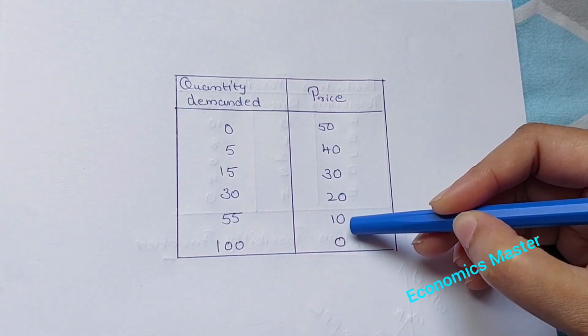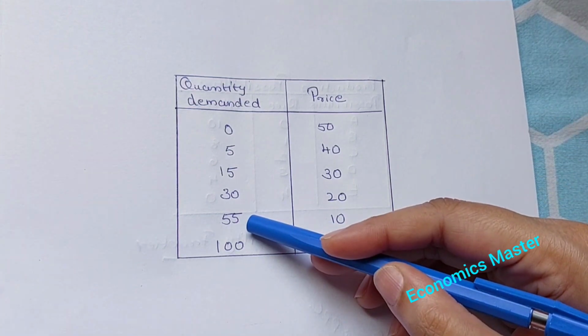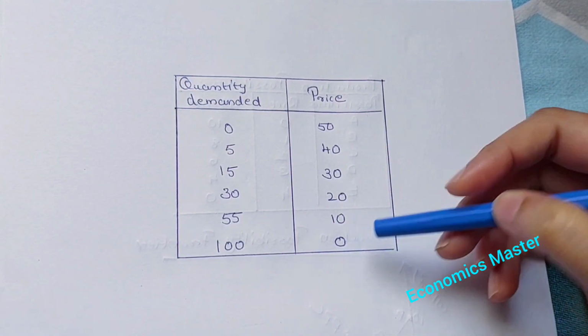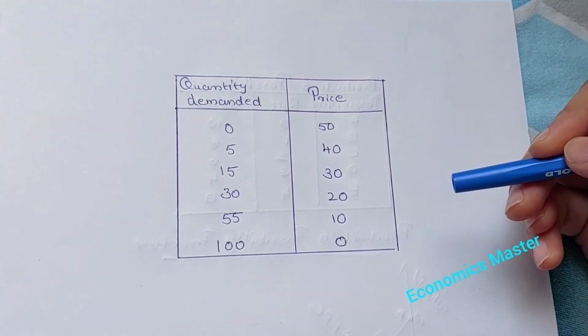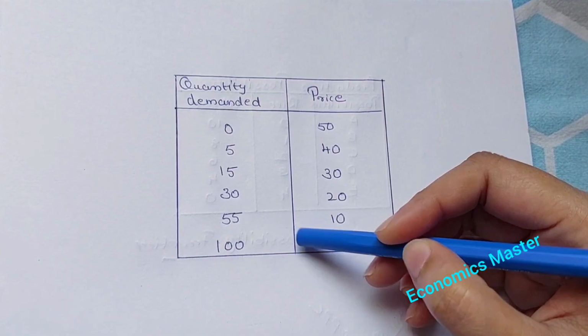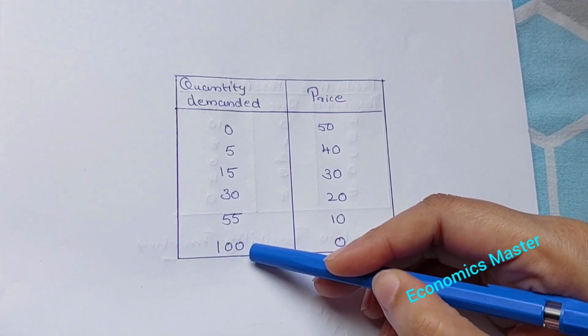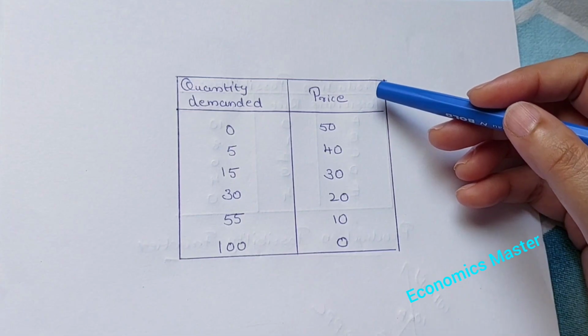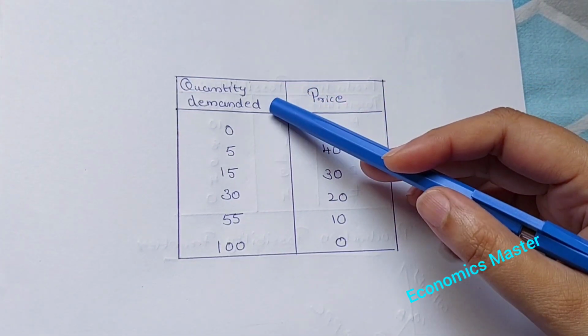Then price is 10, quantity demanded is 55. Price is 0, or the item is free, then everyone will demand it, or here 100 is the quantity demanded. So there is an inverse relationship between the price and the quantity demanded.